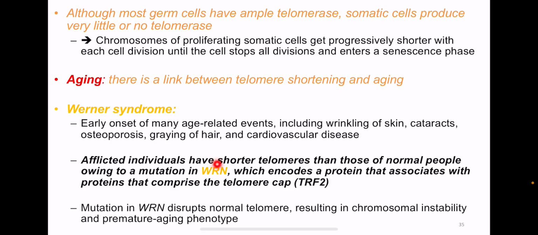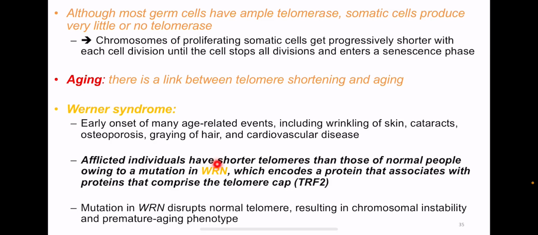But there are some syndromes or disorders. Sometimes there will be some humans who have shorter than normal telomeres, and this will make them look older than their age. An example of such a disease is Werner syndrome. This is the early onset of many age-related events, including wrinkling of skin, contraction of cataracts, osteoporosis, graying of hair, and cardiovascular diseases.